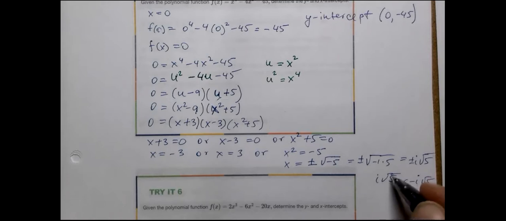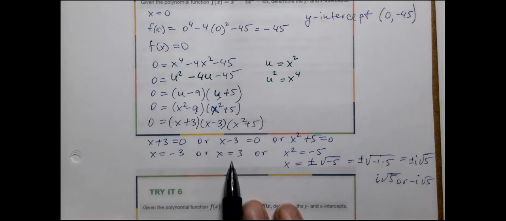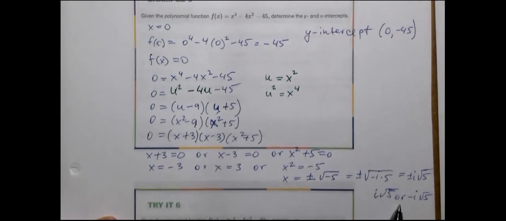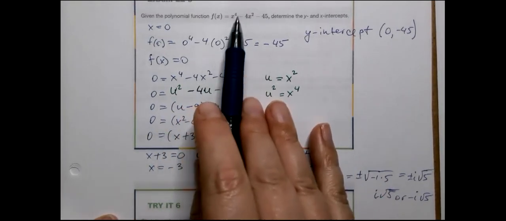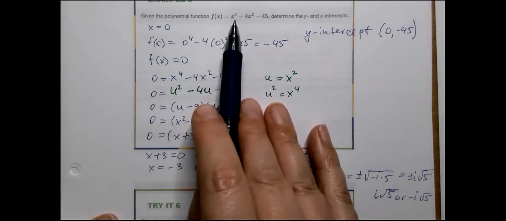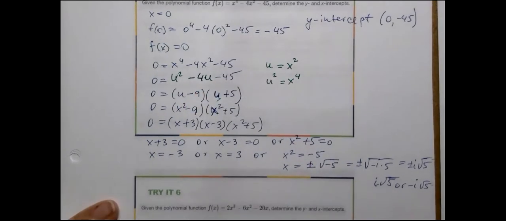And then we also have two real solutions. And this is something that we're gonna talk about later on, that the number of solutions actually equals the degree of the polynomial. So if we have a polynomial of the 4th degree, then we expect 4 solutions. Not all of them are real, okay? So here we only have 2 real solutions and 2 imaginary.